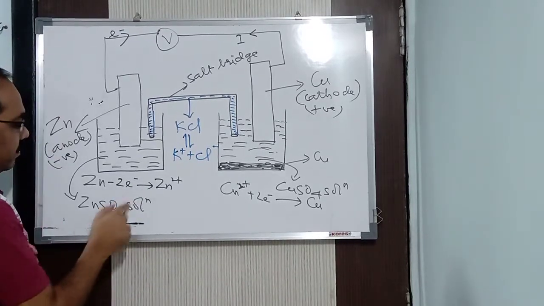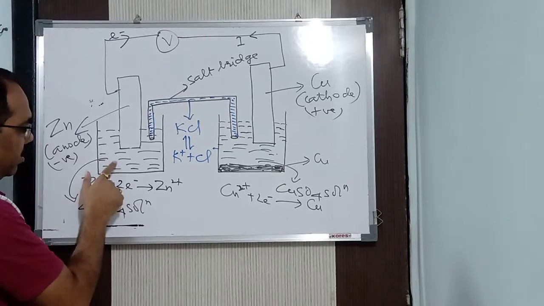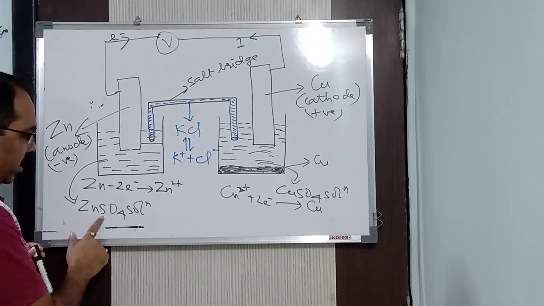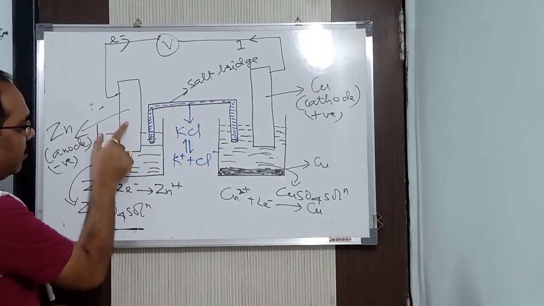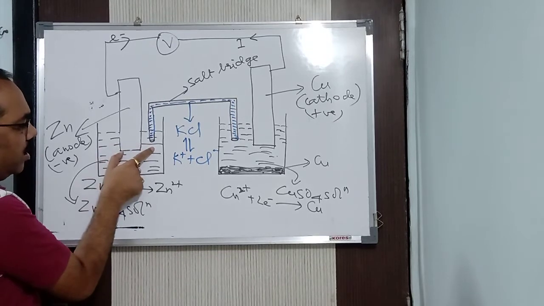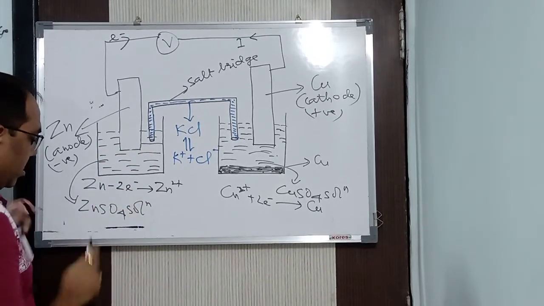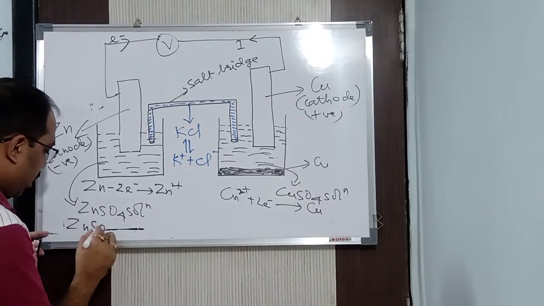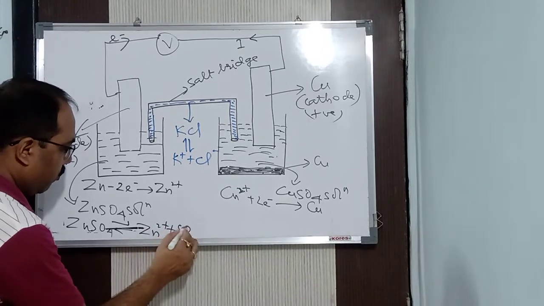So what you find here is that sulfate ions get accumulated, because zinc ions get deposited. Now zinc ions, where are they coming from? They are coming from the zinc electrode. So zinc ions react with the sulfate ions, because zinc sulfate will dissociate to give you nothing but Zn2+ and SO4 2-.